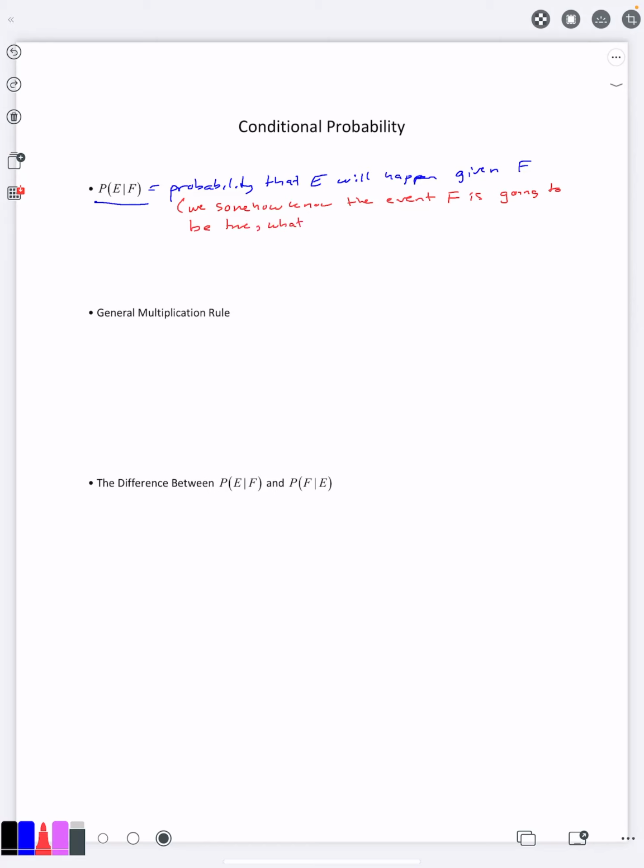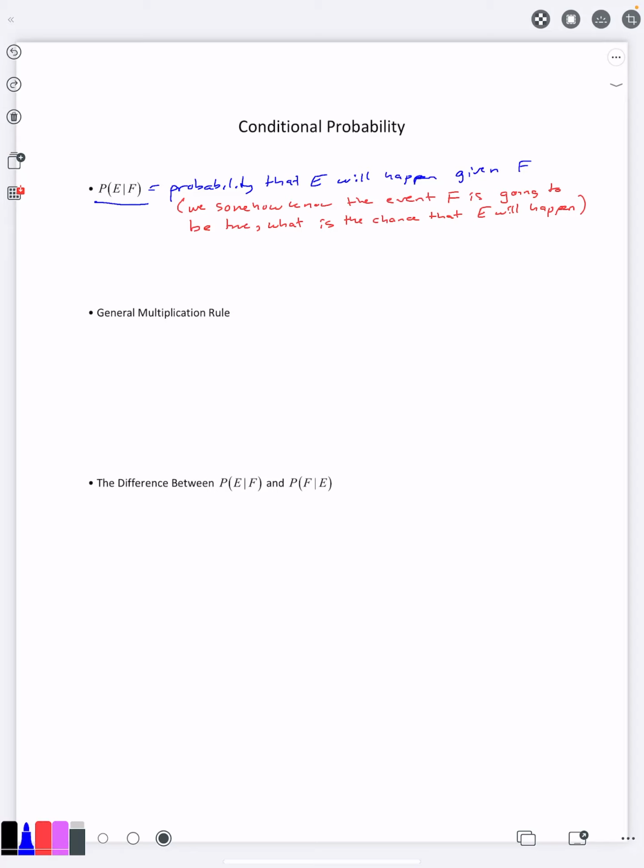What is the chance that E will happen? So the idea is when we have this conditional probability, this given F here, we're saying we happen to live in a universe where it's guaranteed that the F event is going to happen. It's going to be true. So in that universe, what is the probability of E going to be?